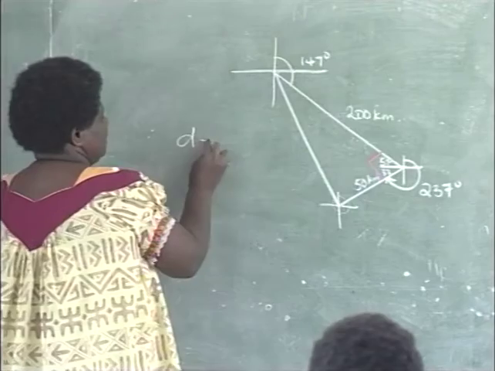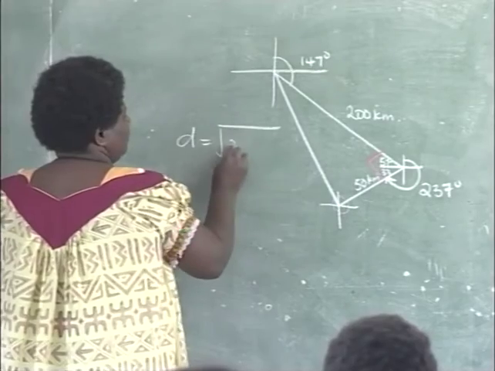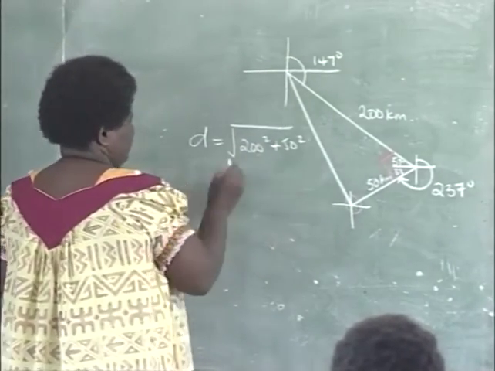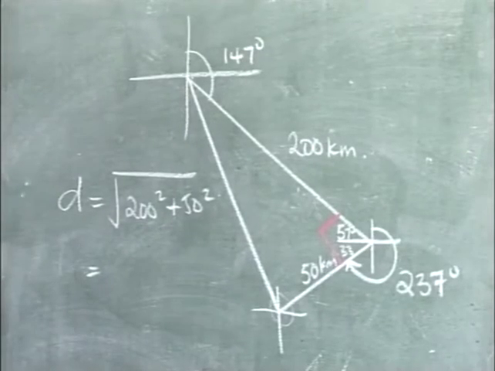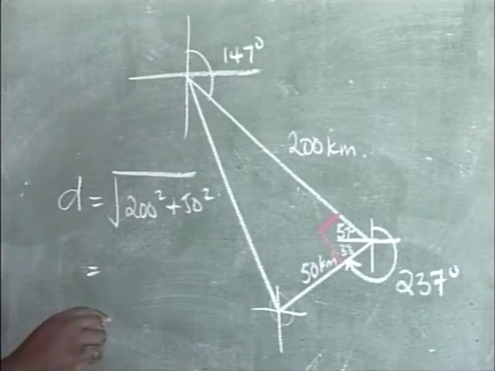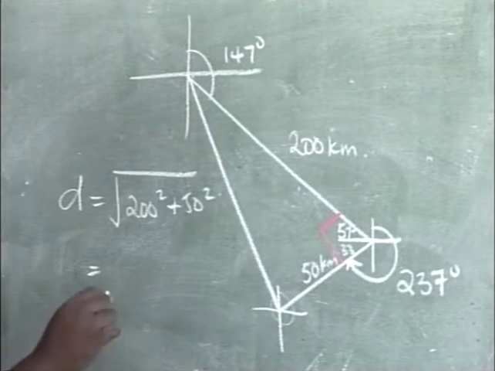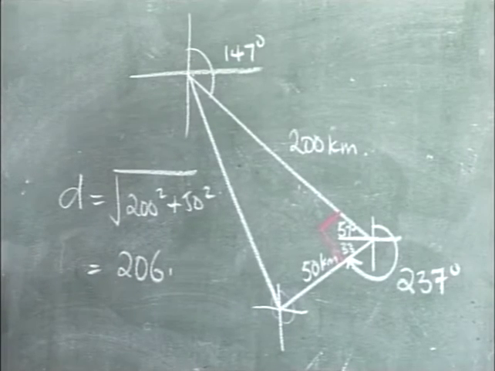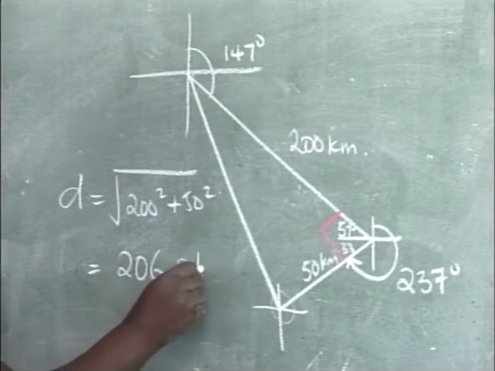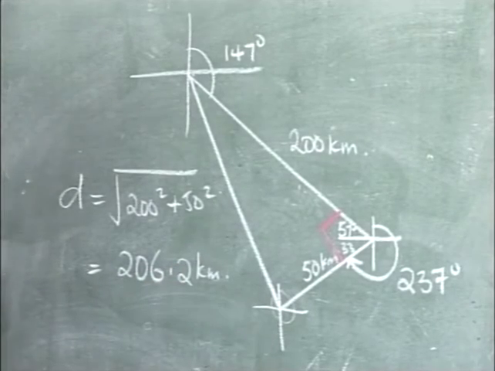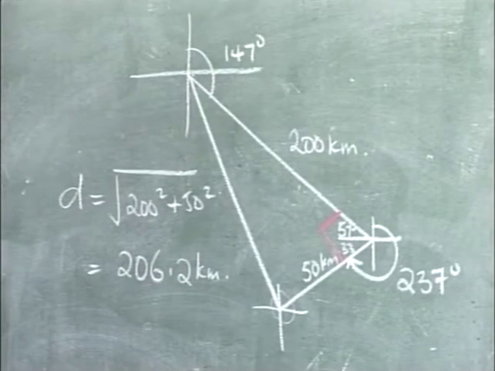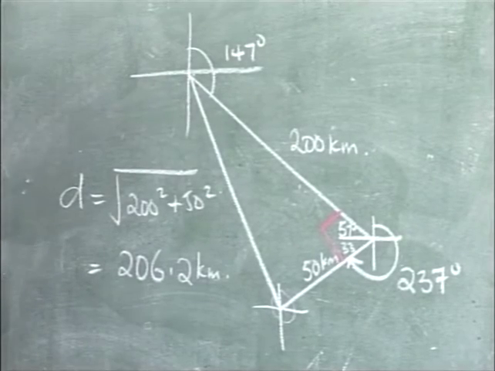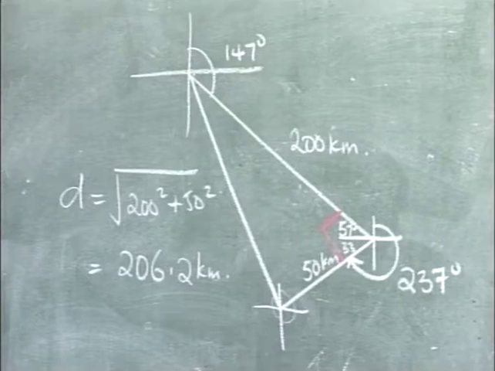The distance is equal to the square root of 200 squared plus 50 squared. Okay, 206.2 kilometers.